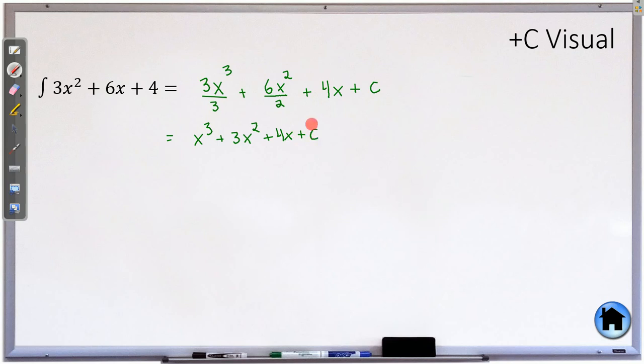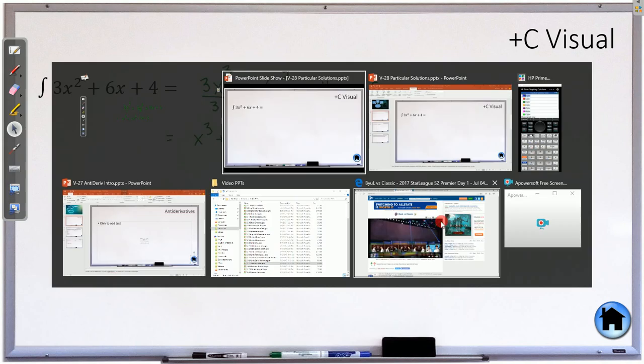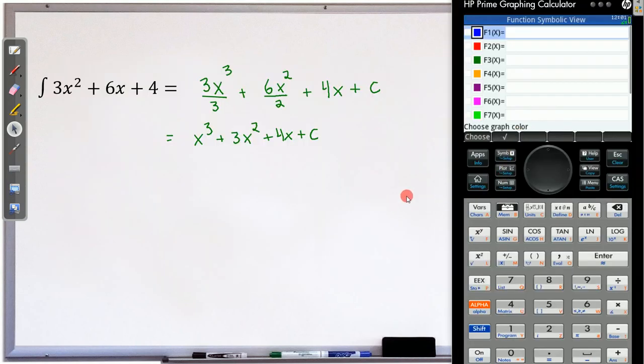Now, what does that plus c mean? Well, it could be any number. So what we're going to do is we're going to plug some numbers in and graph them and see what it looks like. So first, I'm just going to plug it in with a 0 for c.